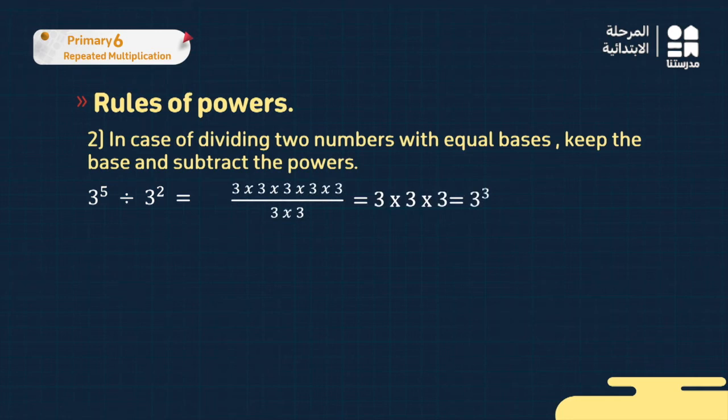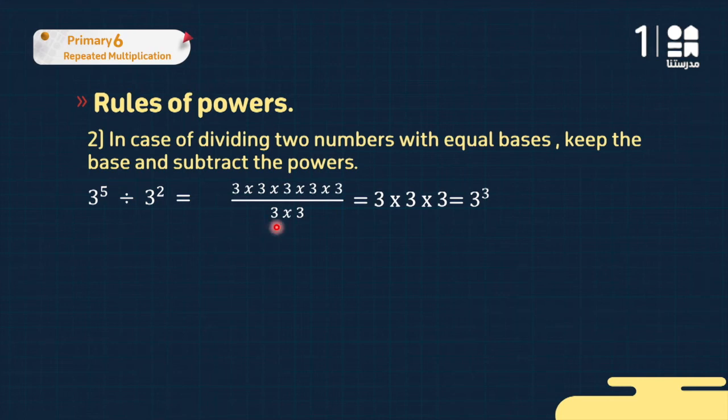Why do I do something like that? If I write 3 to the power of 5, I write it as 3 times 3 times 3 times 3 times 3, 5 times. Divided, I can switch the divide sign to a fraction line, which means divided. Then 3 to the power of 2 means 3 times 3.